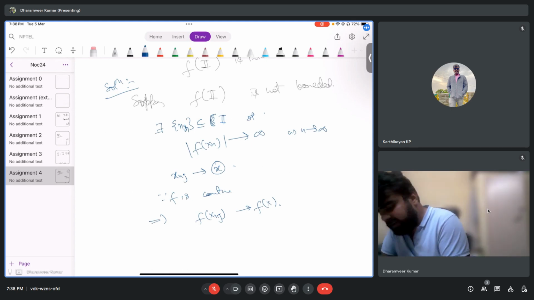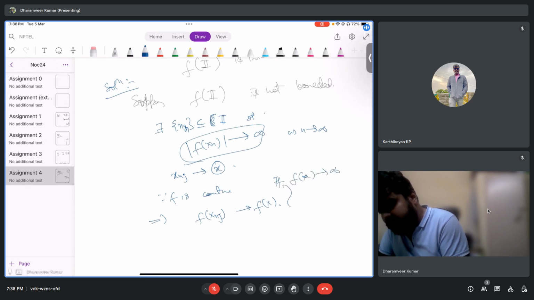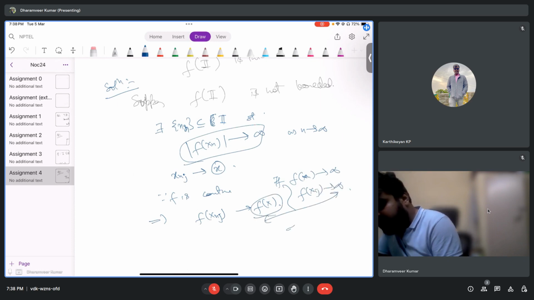But if f of xn converges to infinity, no matter what subsequence you choose, that will also converge to infinity. But then we reach a contradiction.